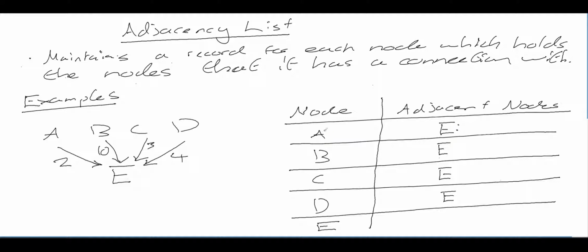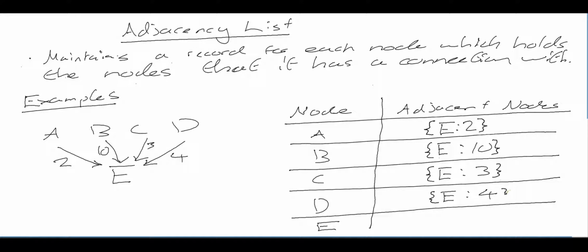So in this case with A, we're saying that A is adjacent to E, and the cost associated with moving from A to E is 2. So we're storing that there as a key value pair. And then we do the same for B. The cost of moving from B to E is 10. From C to E, that cost is 3. And from D to E, that cost is 4.